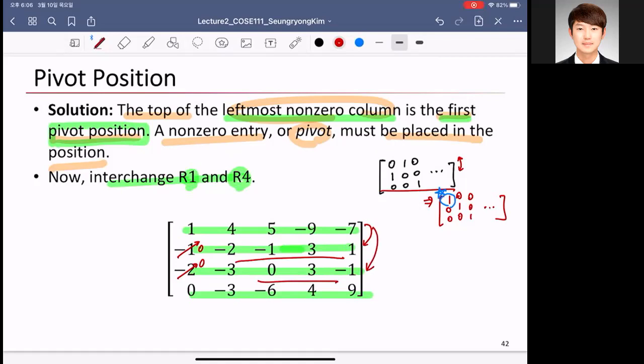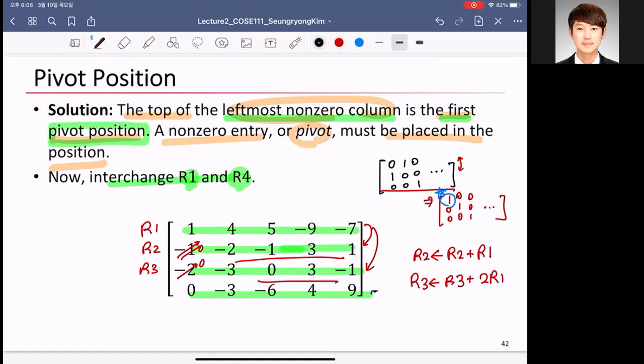How can I do that? Okay, let's suppose that this is R1, R2, and R3. Our new R2 should be R2 plus R1, to remove this term, and our new R3 should be R3 plus 2R1. 그렇죠?